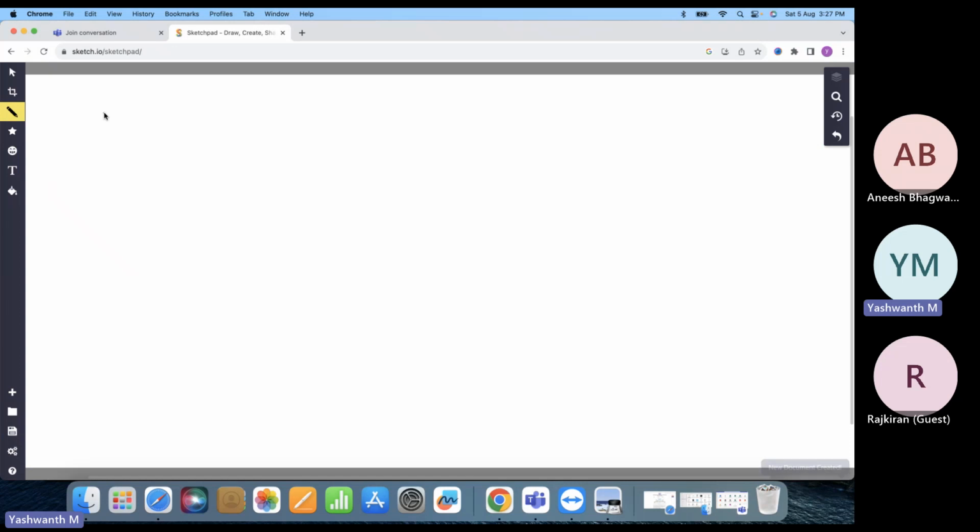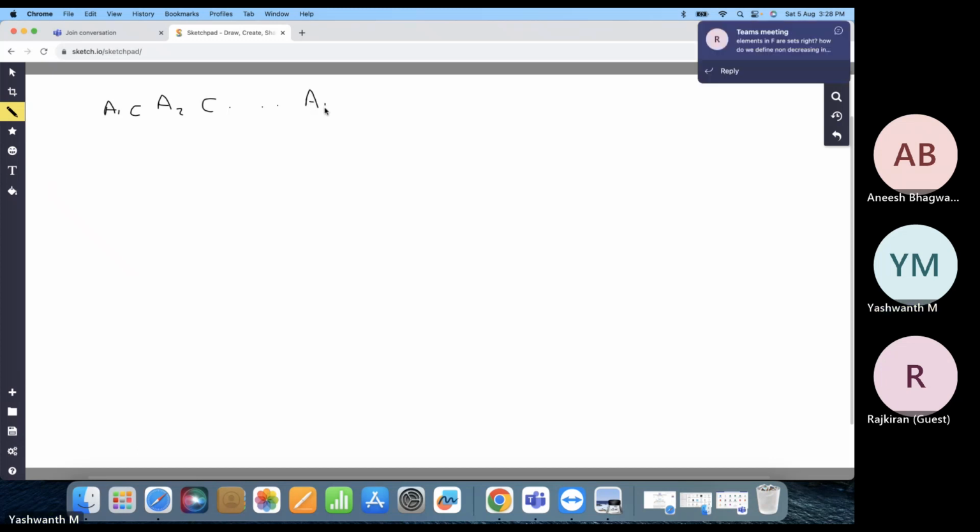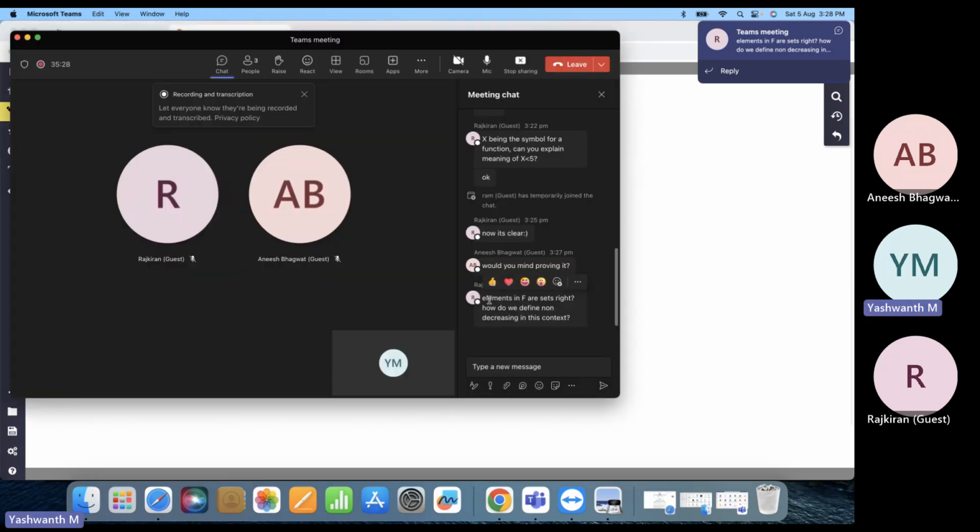Okay, so what is being given is a monotonically non-decreasing sequence, that means A1 is a subset of A2, a subset of A3, and so on. Elements in F are sets. Yes, definitely, every element in F is a subset of omega. You have to keep that in mind.